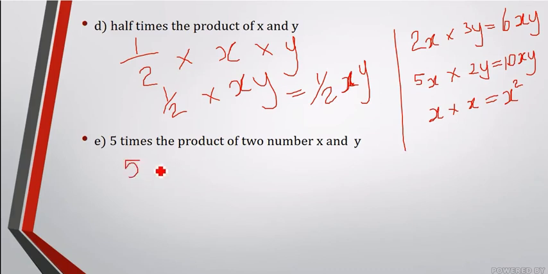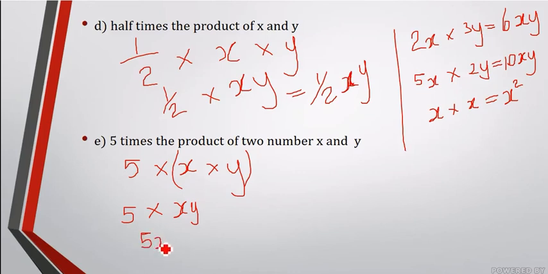The product of two numbers means that we have to multiply the two numbers. So we have 5 times, what is the product of x and y? x, y. And then 5 multiplied by xy will give us 5xy.